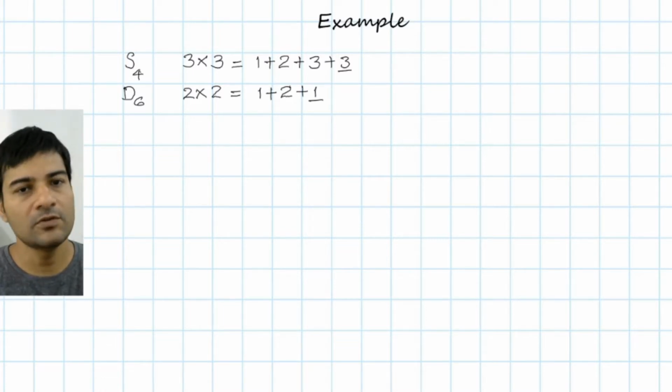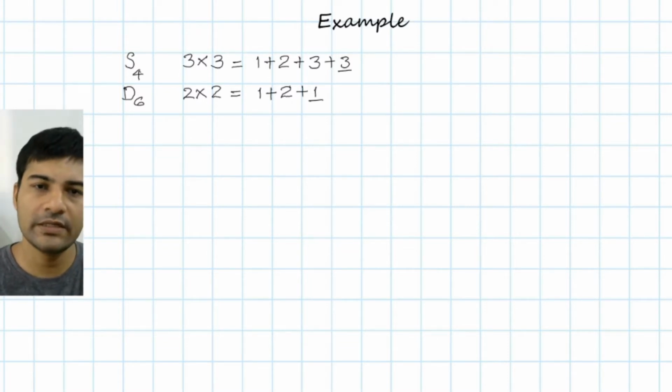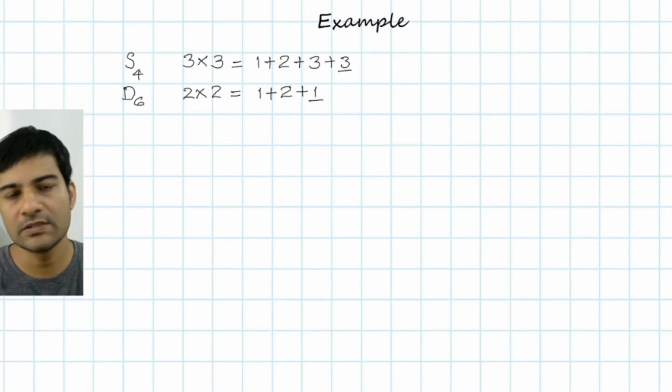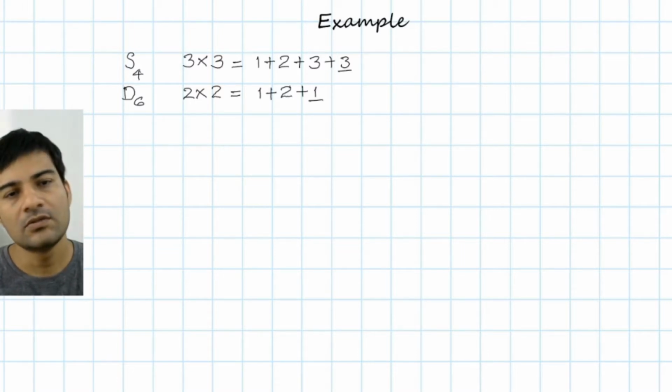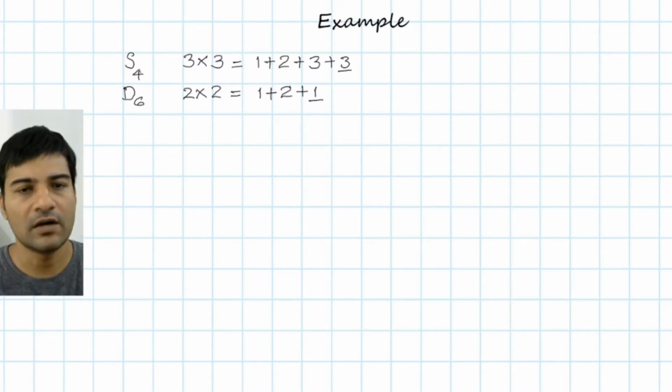For the S4 group, we have the tensor product expansion given by 3 cross 3 equal to 1 plus 2 plus 3 plus 3 bar. And for the dihedral group, we have the expansion 2 cross 2 equal to 1 plus 2 plus 1 bar.